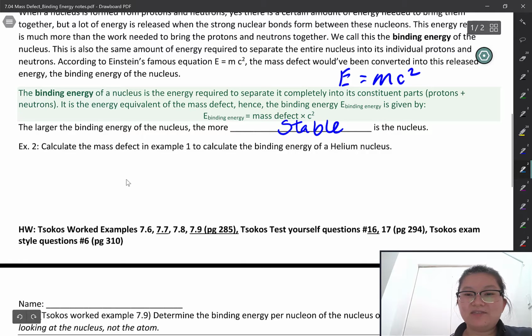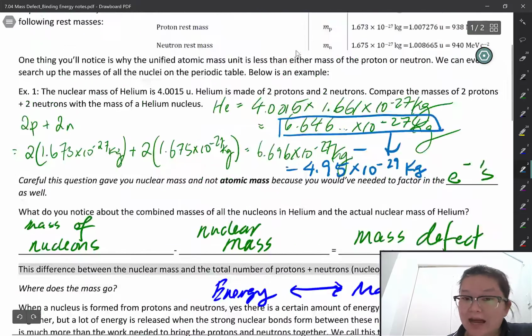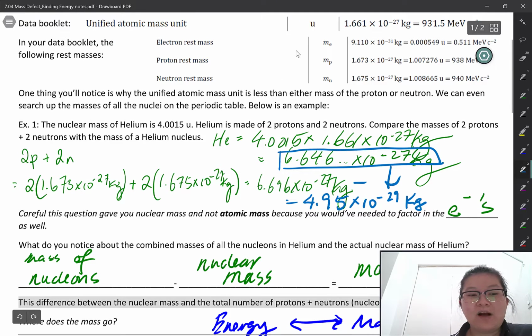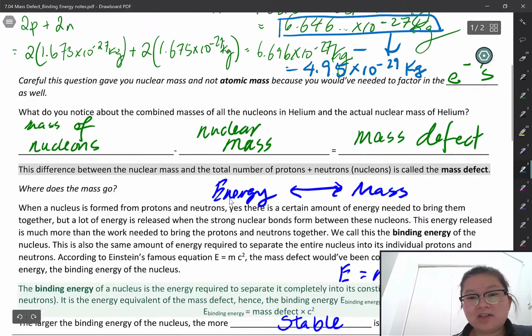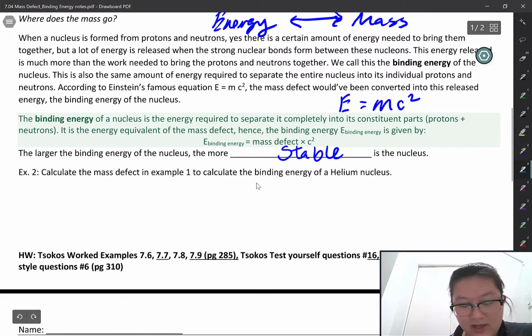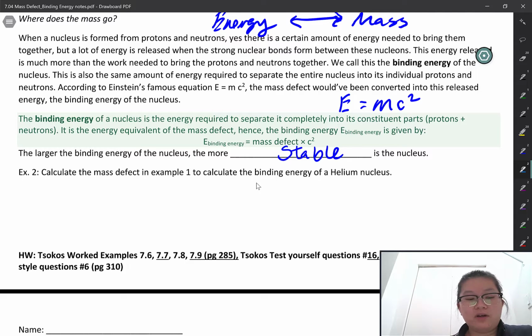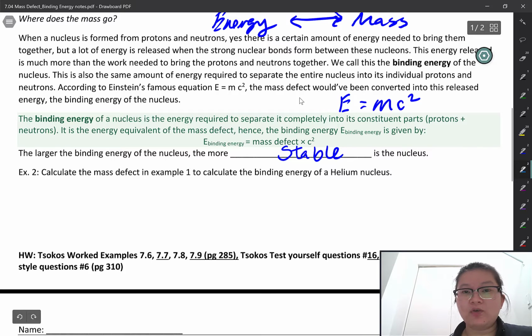With a mass defect, what's happening here is that a bit of extra mass that came from the protons and the neutrons is now converted into something called binding energy. This binding energy is what holds a nucleus together. So you're thinking, wait a minute, how is mass now equivalent to energy? That comes from the famous Einstein equation, E equals mc squared, where mass can be converted into energy.